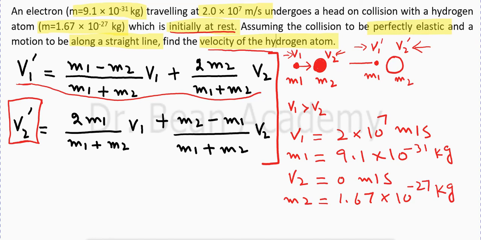And now they ask us to calculate velocity v2 prime, the velocity of the mass m2, which in our case is the hydrogen atom. So we need to find v2 prime, and you know where the relevant formula is. We will just plug in the values, calculate, and you will get the final velocity of m2. They didn't ask us to find the velocity of the electron or v1 prime, but even if they ask you in the exam, you can find it as well.